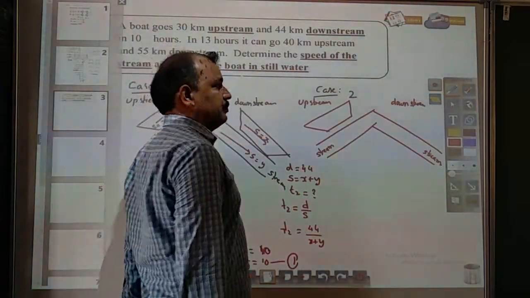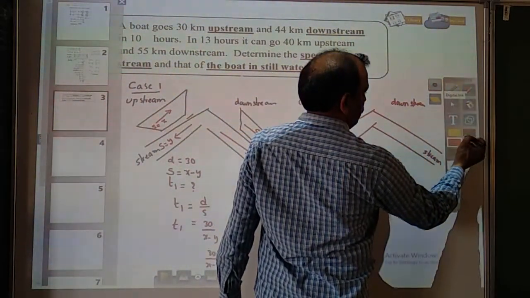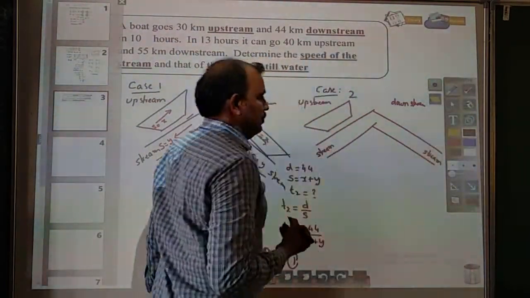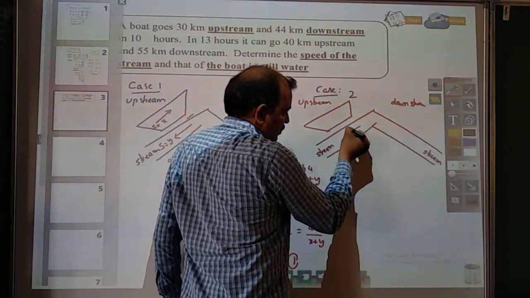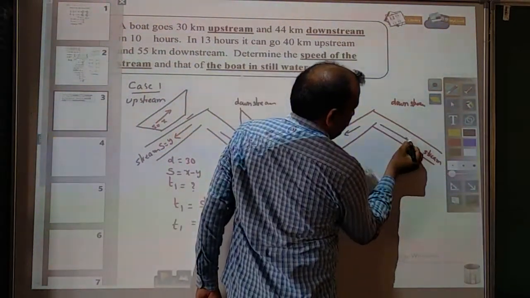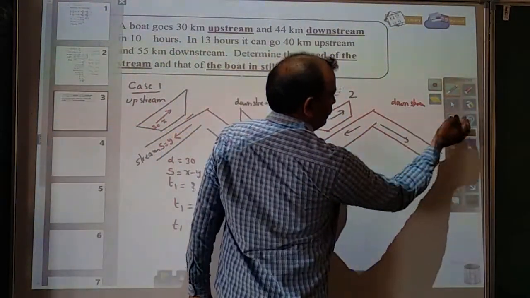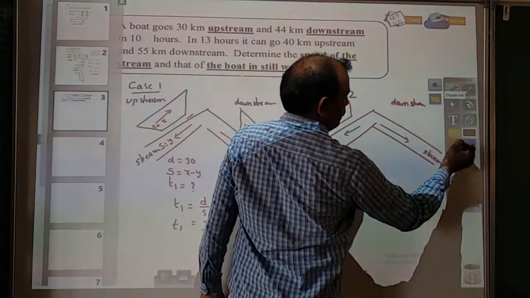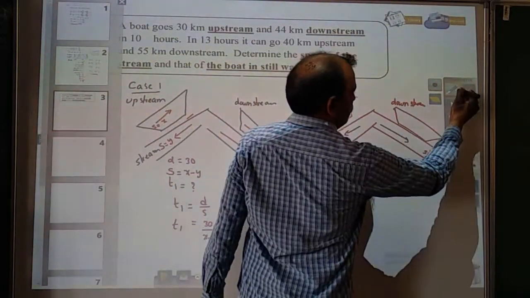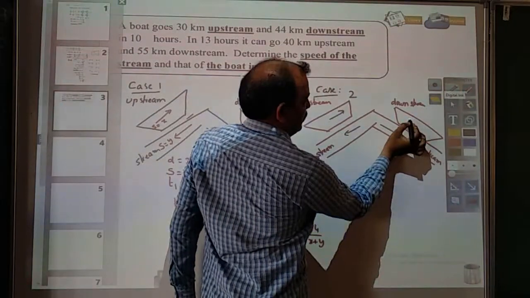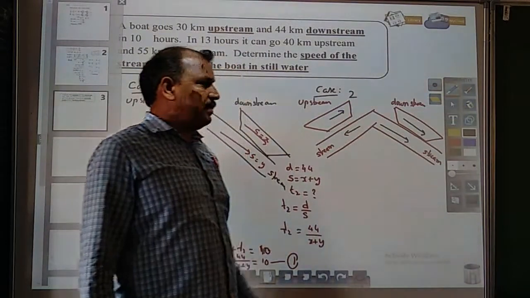The stream direction is up to down, so like this. Both directions are like this. Both are traveling in the same direction here, and in the opposite direction there.